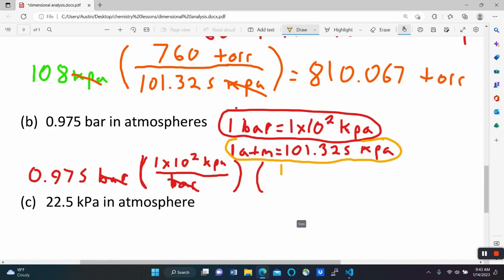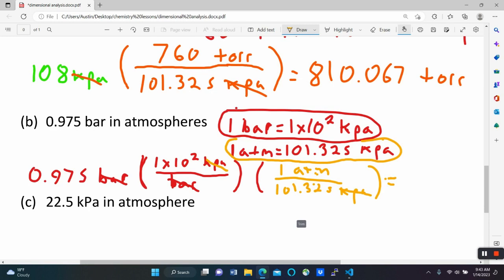So 1 ATM over 101.325 kPa. This second conversion factor would eliminate units of kilopascals such that our last remaining unit would be ATM. And this expression, once solved, will give us our solution.